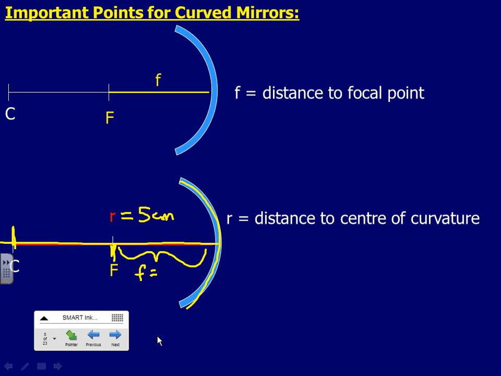What did we learn in our experiment? It wasn't great. You'll notice that many of you had ratios that aren't this ratio. That's why I'm telling you what the ratio is supposed to be. What should it be, Sammy? 2.5 centimeters. The distance to the focal point is half the distance to the center of curvature.